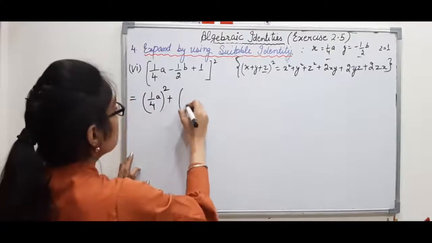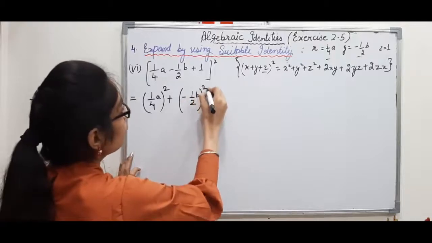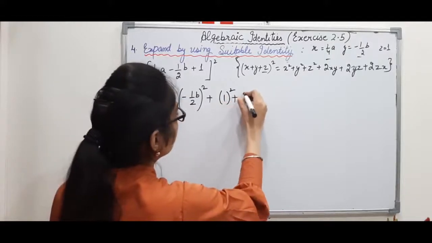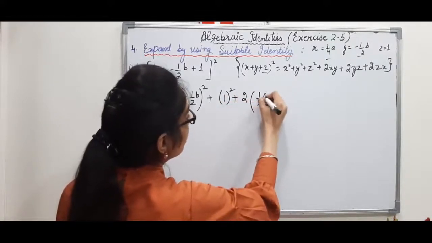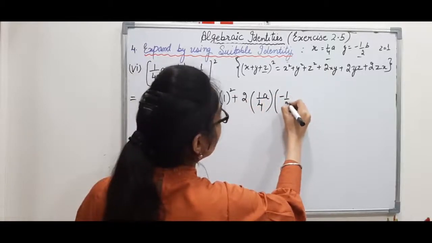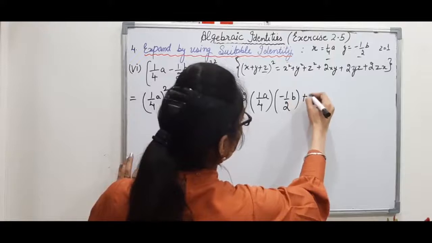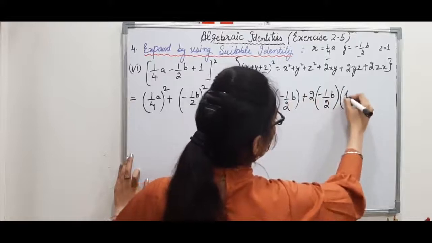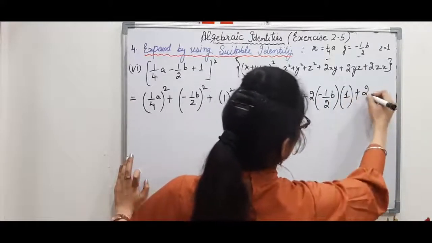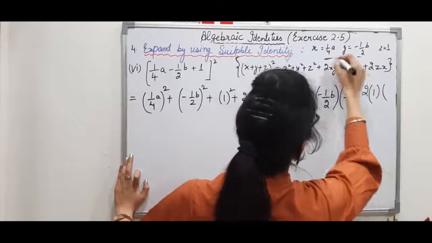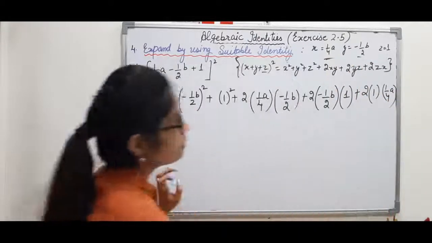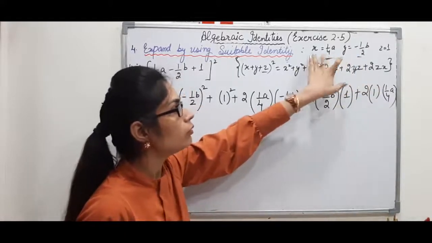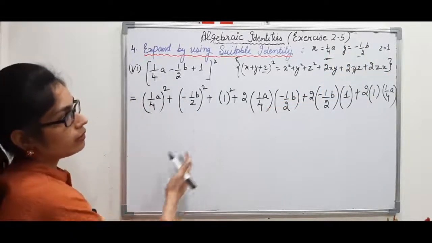So my y is minus 1 by 2b whole square plus z square, which is 1 square, plus 2xy. 2 into x is 1 by 4a, y is minus 1 by 2b, plus 2yz, y is minus 1 by 2b, z is 1, plus 2zx, 1 into x, which is 1 by 4a. See, I have not done anything extra, only in this identity I have substituted the values of the given terms.